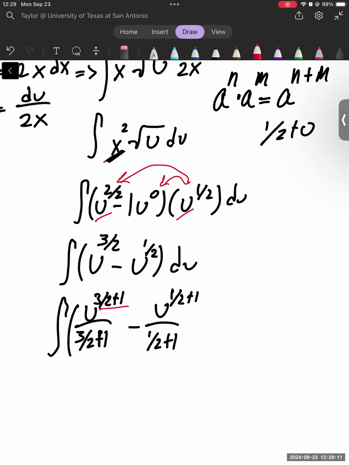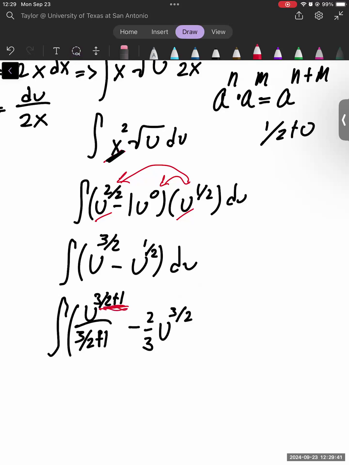And then we did this one earlier, so I'll give you guys this one. 3/2, and then 3/2 becomes 2/3 u to the 3/2. And then now I'm just looking for this term here.